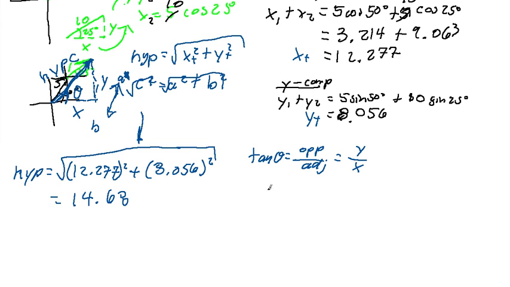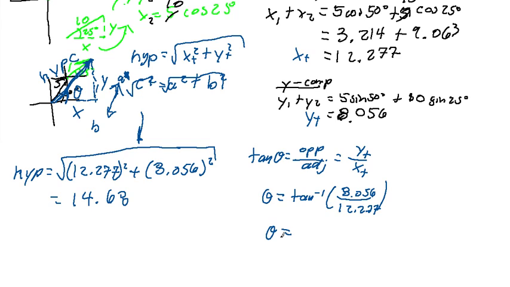So in order to find the angle, you just have to do the inverse tangent, which most calculators have as tangent to the -1 of y total over x total, of course, because that's the vector. So y total is 8.056 and our x total is 12.277.